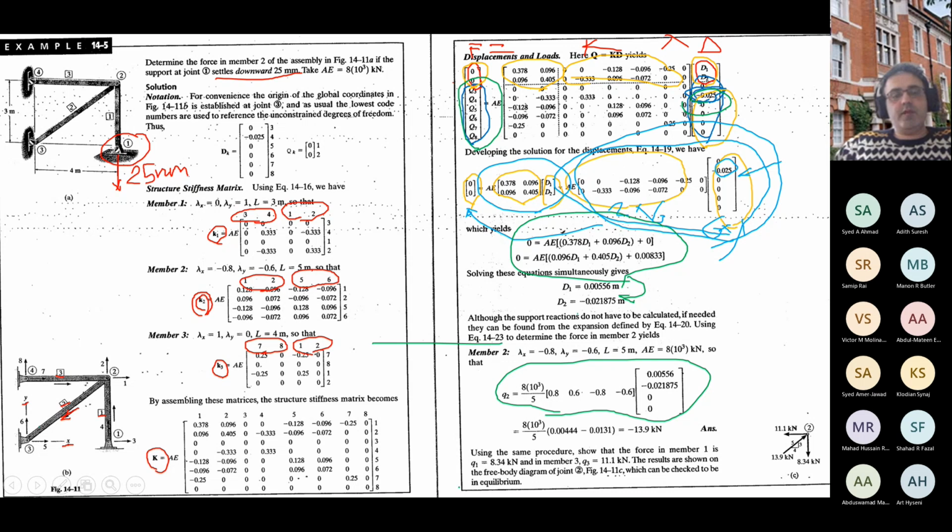For the next session, we will go through the same concepts for the beams, and after that for the frame structures.